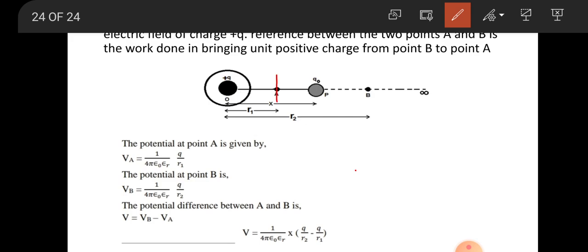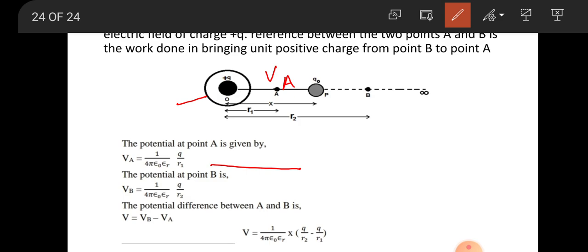Now let's see the potential at point A. So we are considering these two points A and B. What is the potential at A? The formula we saw earlier, which is kQ upon r. This point A is at a distance of r1 from Q. Therefore potential at point A, VA, is equal to 1 upon 4 pi epsilon naught epsilon r, Q upon r1.